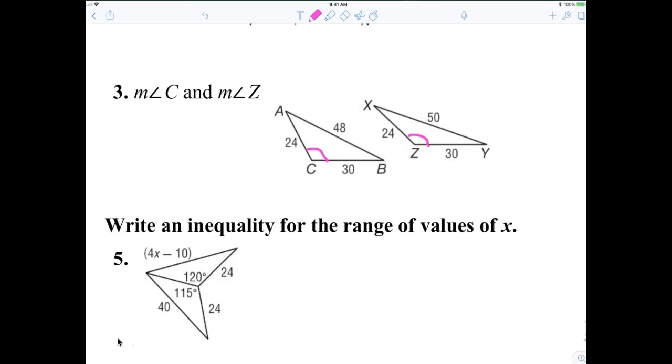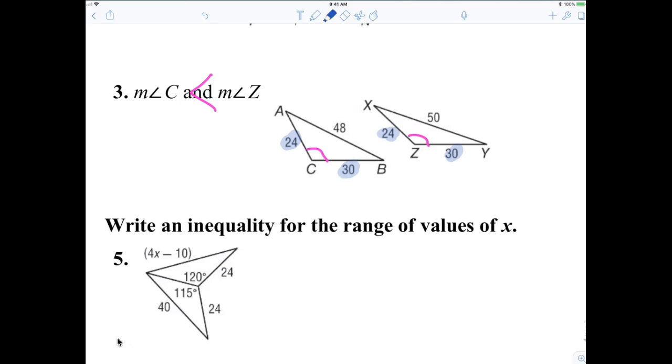What has to be true? Angle Z is bigger than angle C. Exactly correct. And again, I'm just trying to stress, because this has to be true, that 24 is congruent to 24 and 30 is congruent to 30. Honestly, guys, that's how simple that is.